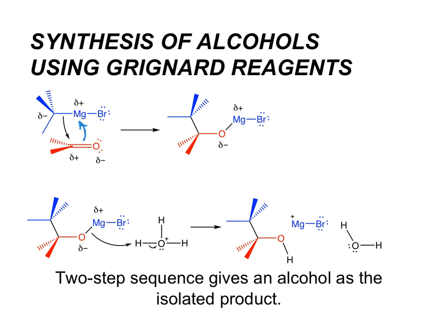At the same time then, the electrons from the carbon interacting with the magnesium move to the carbon of the carbonyl to create that bond.